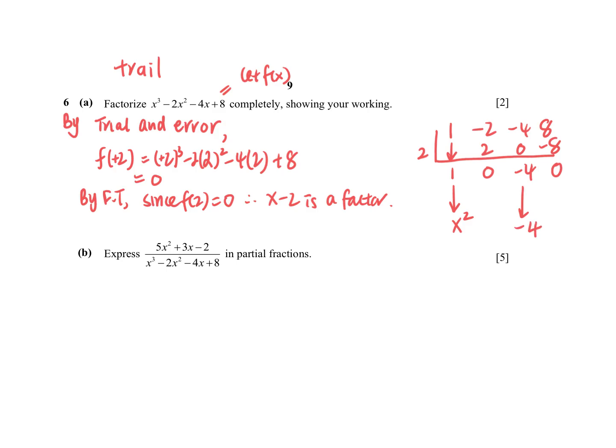There's no x term, right? So f of x is x minus 2 times x squared minus 4. I know I can factorize this further. This is x plus 2, x minus 2. So I square this. Okay, so this is my factorized completely.